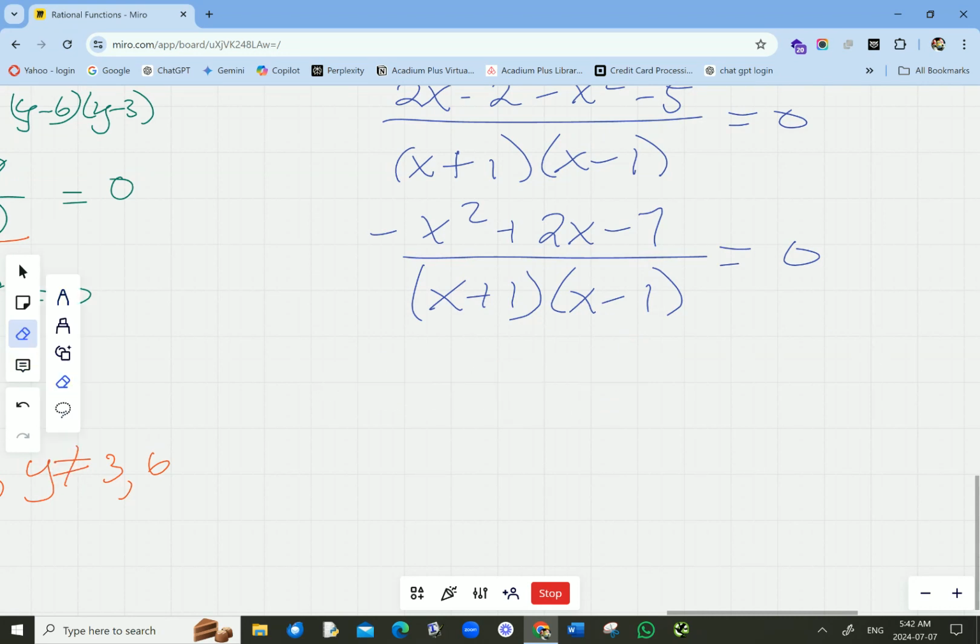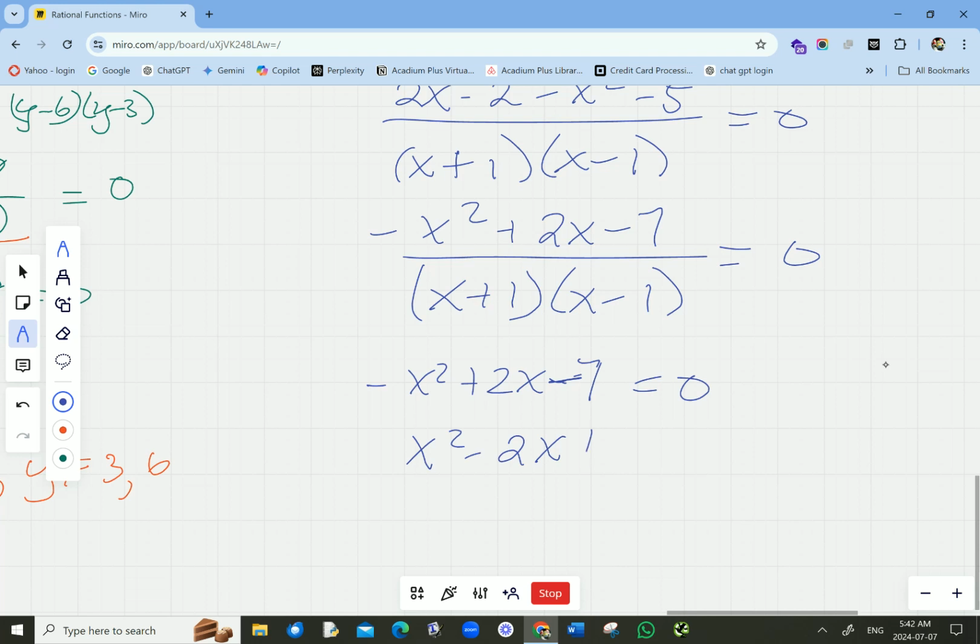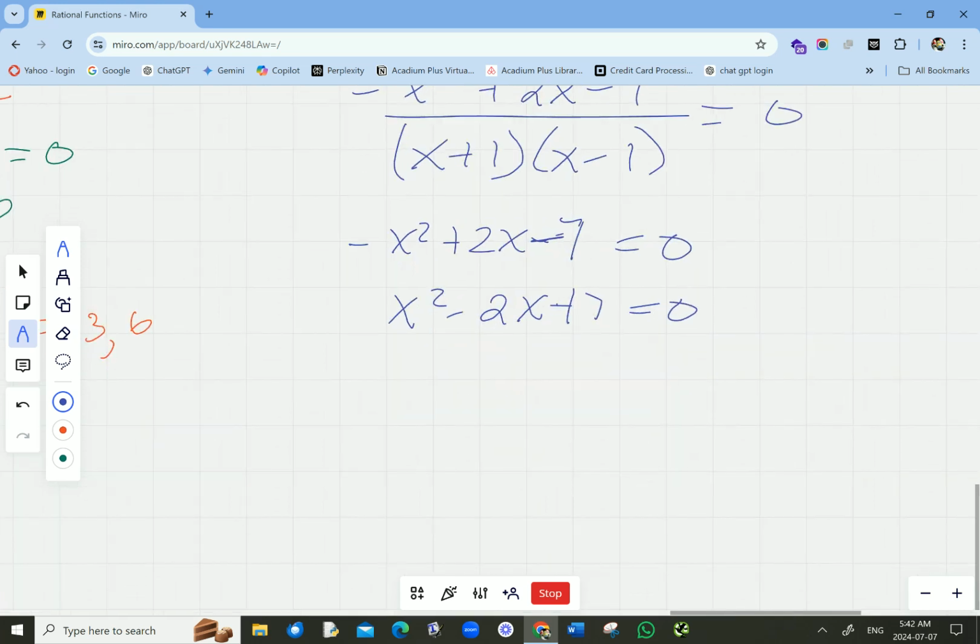So recall that in order for a fraction to equal 0, the numerator has to equal 0. So that means negative x squared plus 2x minus 7 must equal 0, or x squared minus 2x plus 7 must equal 0. So now we need to get into our quadratic formula.